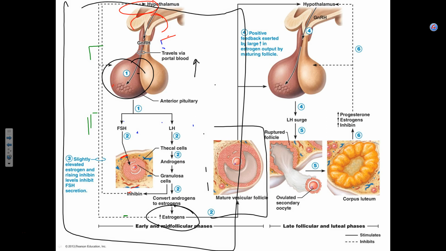So elevated estrogen leads to elevated LH. Does that make sense? Now, elevated LH will lead to elevated estrogen, which will elevate the levels of LH even more. Does that make sense? That leads to the surge in the levels of luteinizing hormone and ovulation.